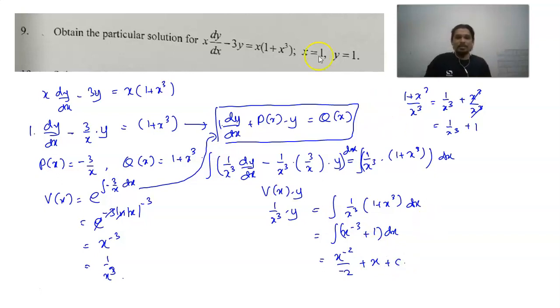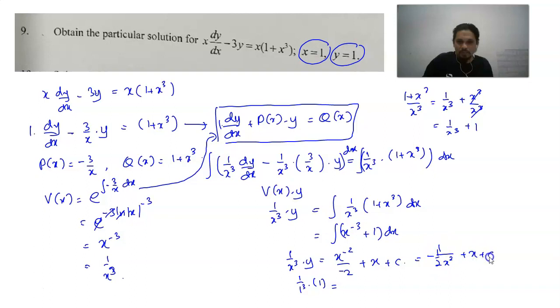Now substitute. Don't forget we have a value of x here: x equals 1, y equals 1. So substitute here: 1 over 1 cubed times 1 equals negative 1 over 2 x squared plus x plus c.